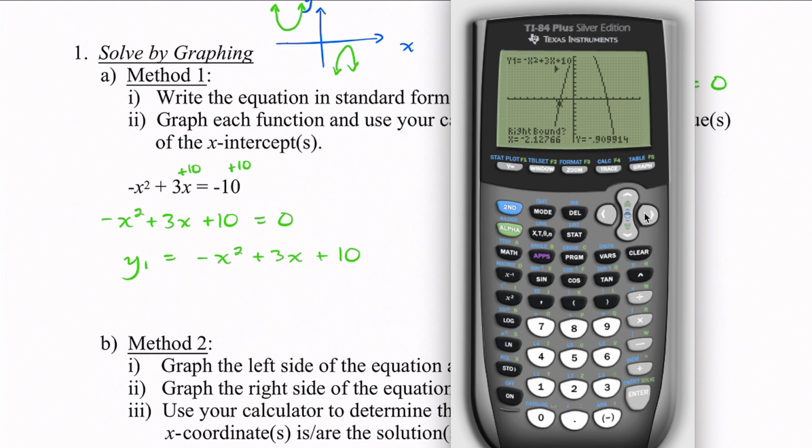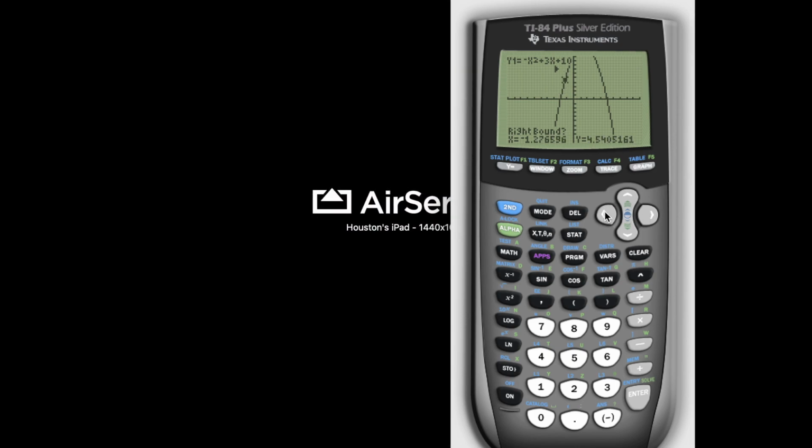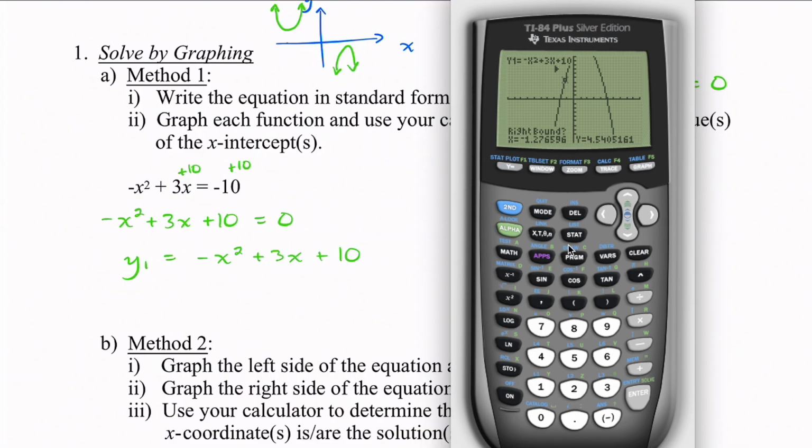You can go back to the crossing point, but now go to the right a little bit. If you wanted to go further, you could, but it's just kind of a waste of time. Okay, so we're to the right of it, then we can click enter. And then it's going to say guess. We just click enter one more time for it to approximate the answer of where it's crossing. Okay, we got x equals negative 2. So let's write that down.